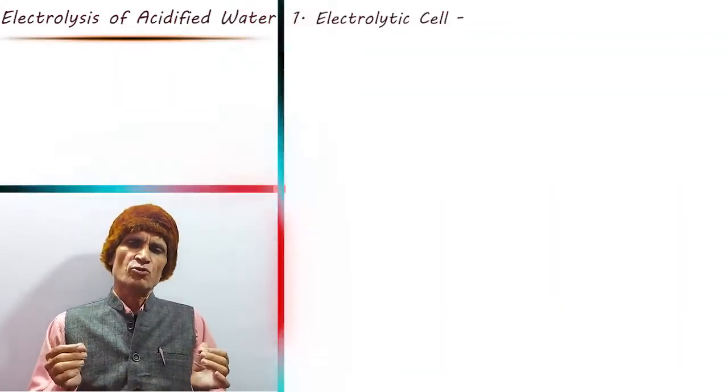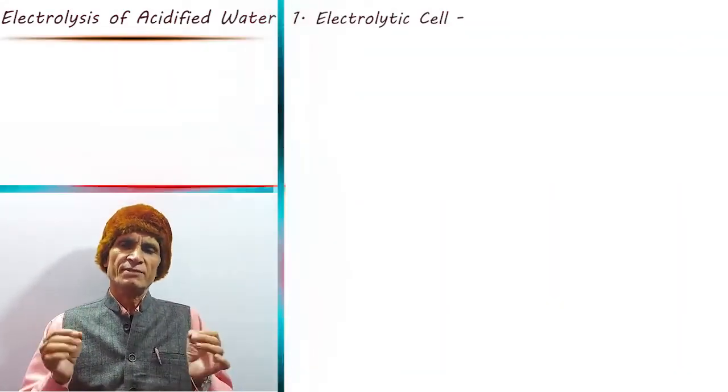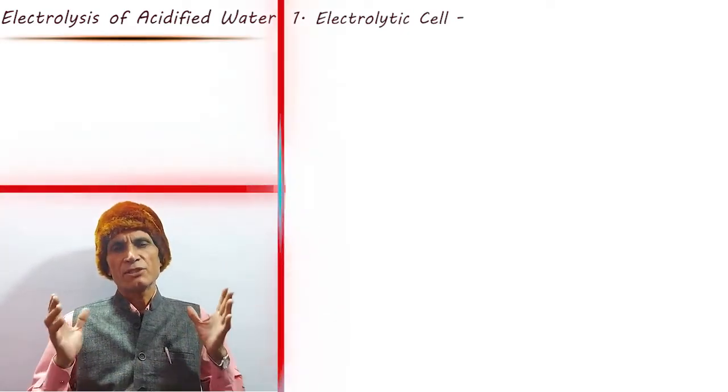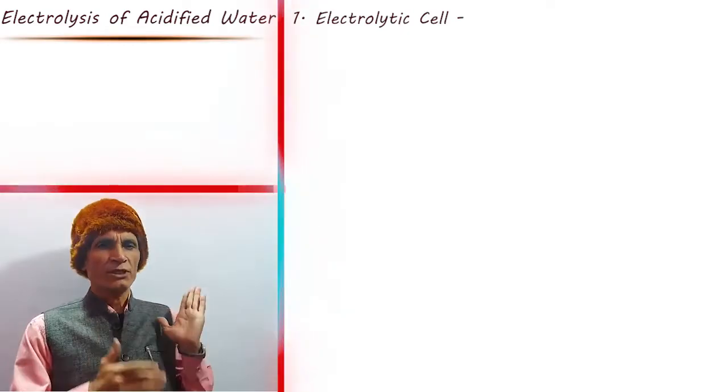Step 1: Electrolytic cell. In the electrolysis of acidulated or acidified water, the apparatus used is the Hofmann voltameter.